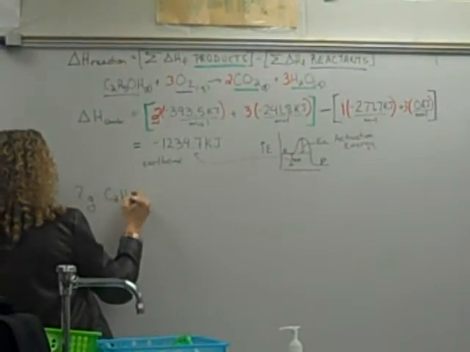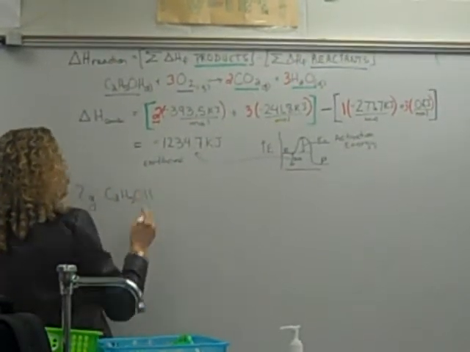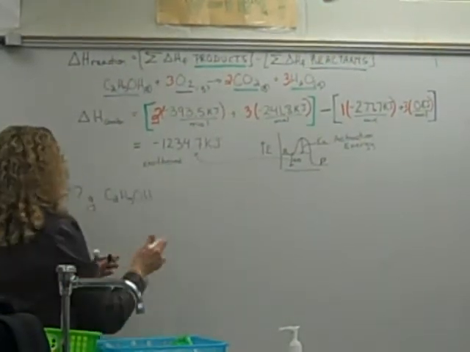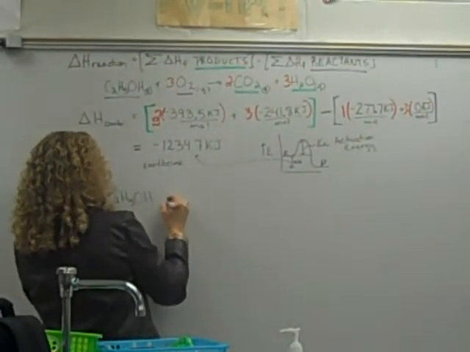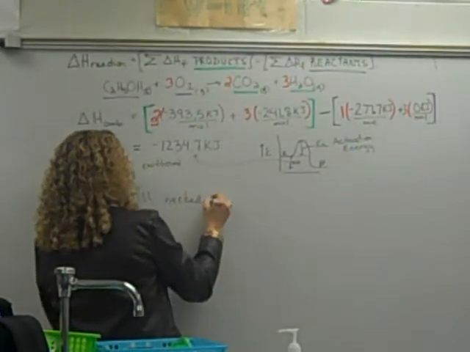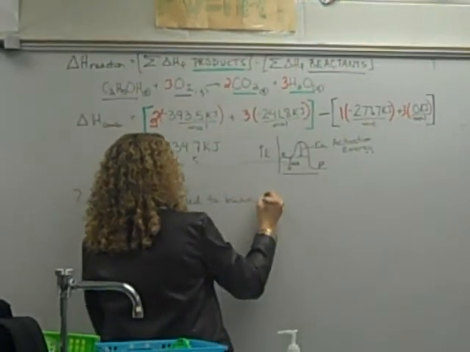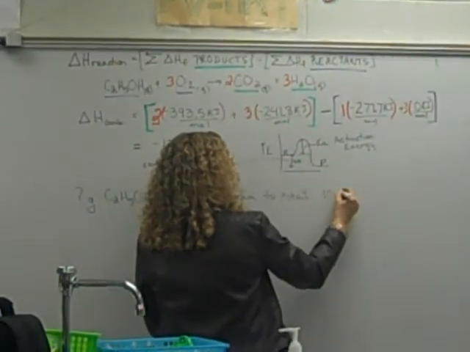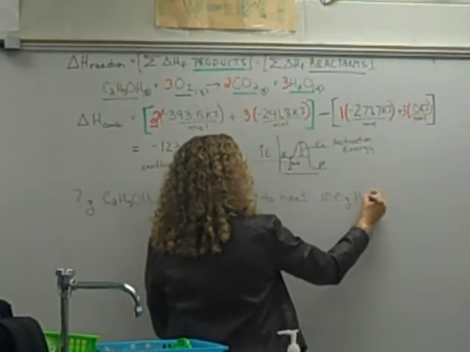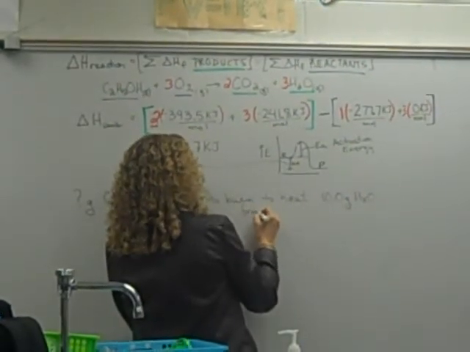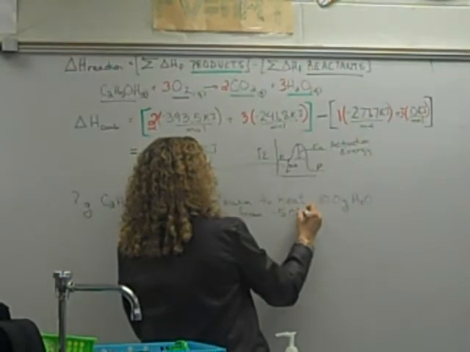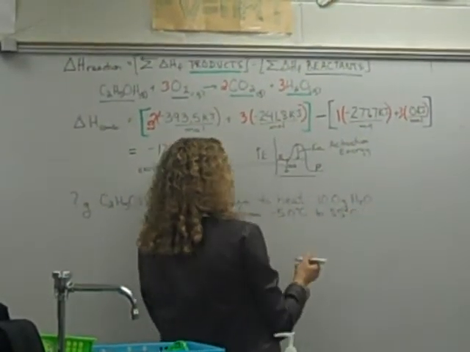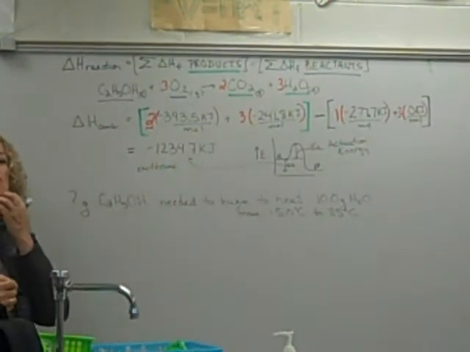We're going to ask how many grams of ethanol would you have to burn to heat, let's say, 10 grams of water from negative 5 degrees Celsius to 85 degrees Celsius. Cool? That's going to be our new question.